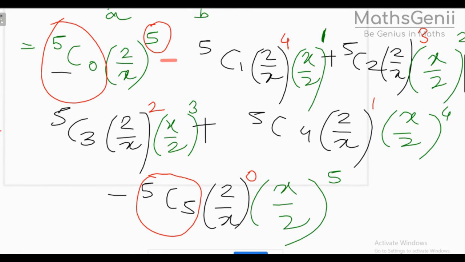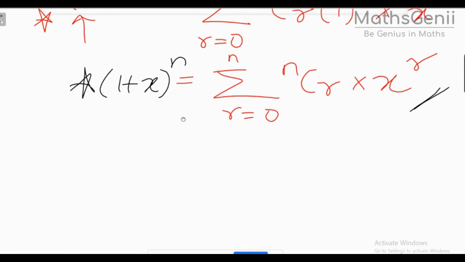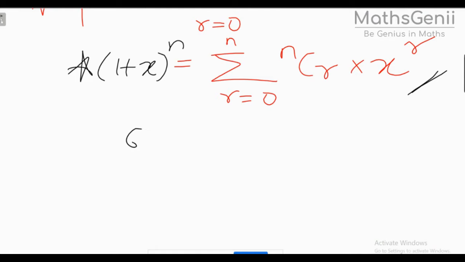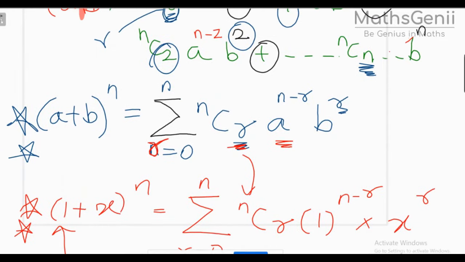Now there is one concept or one formula that needs to be discussed, which is the general term. General term means the last term. I will tell you one interesting thing.